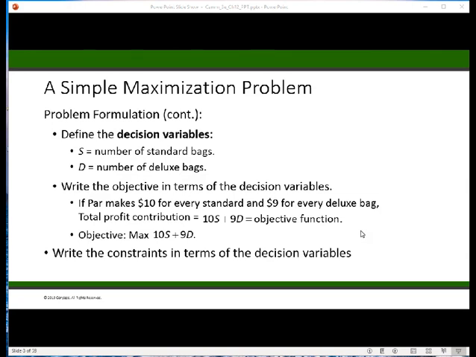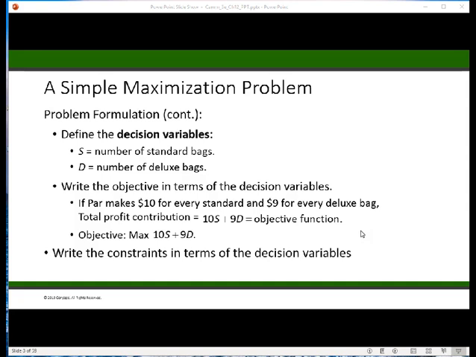Next, we write the objective function in terms of decision variables. So that's going to be total profit equals 10 times S plus 9 times D, because we make $10 profit on a standard and 9 on a deluxe. That's our objective function. Our objective is to maximize 10S plus 9D.